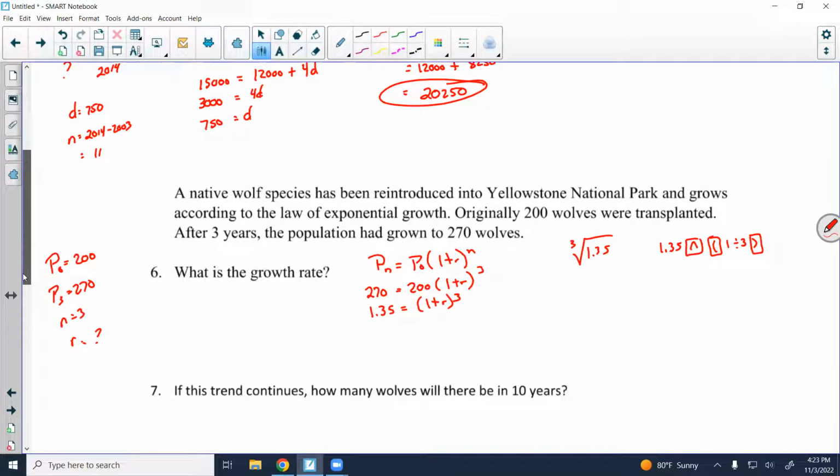Calculating that, 1.35 to the 1 divided by 3. And it should come up to be 1.1052, rounded to 4 decimal places.